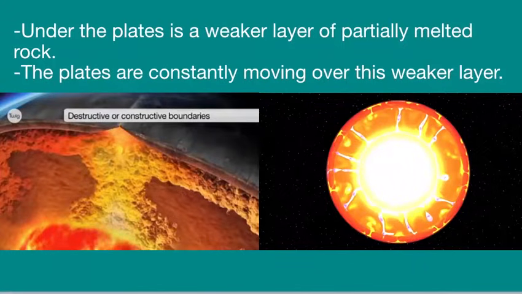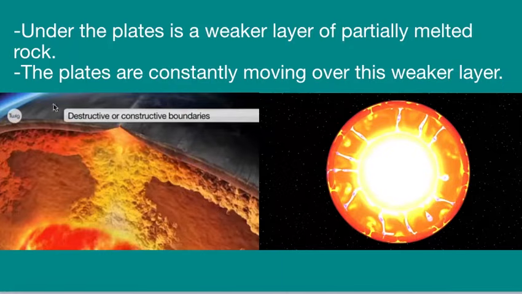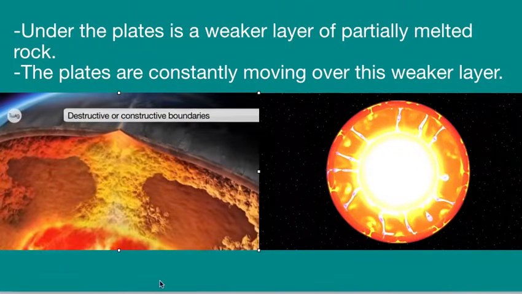Another portion of the theory says that under the plates is a weak layer of partially melted rock. That layer is called the asthenosphere. Under the plates is a weaker layer, partially melted rock, and the plates are constantly moving over it.